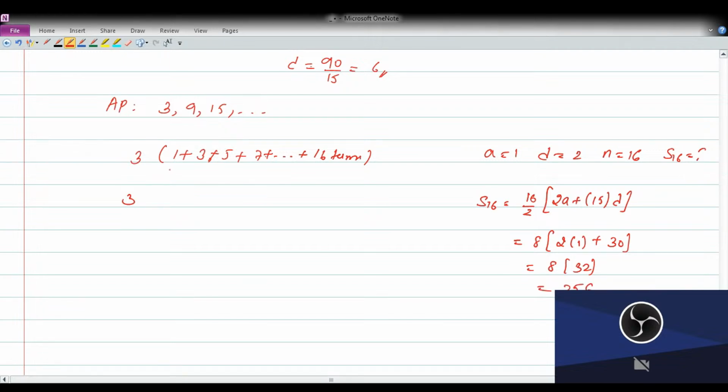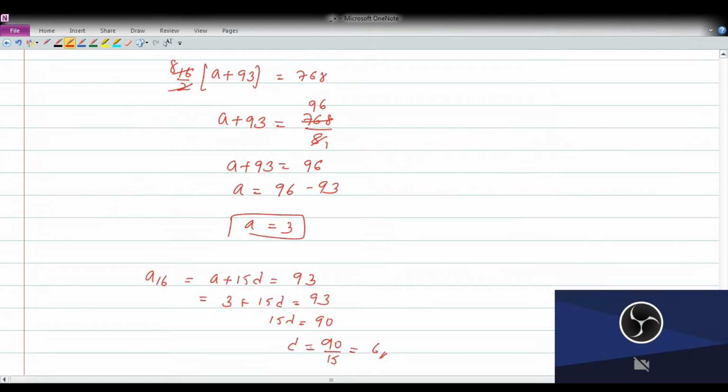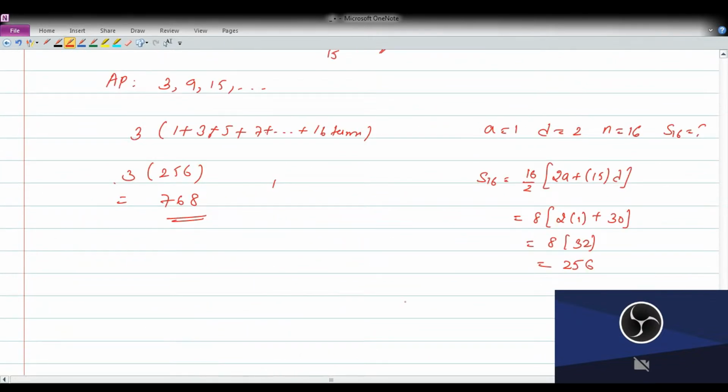So that will become 3 into 256. 3 sixes are 18, 1 carry, 3 fives are 15, 15 plus 1, 16, 1 carry, 3 twos are 6, 7. So this is nothing but 768, and it is also equal to Sn. Therefore, 3 times the sum of the first 16 odd natural numbers is equal to the sum of the terms of the given arithmetic progression.